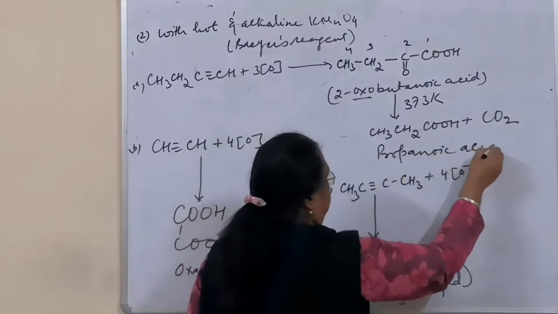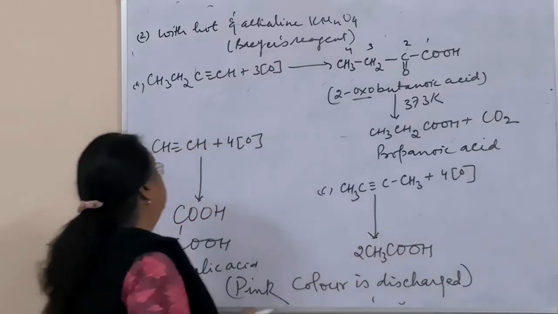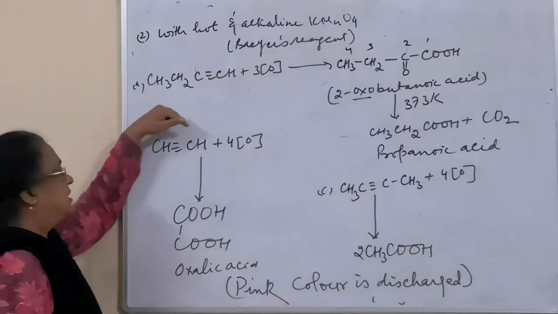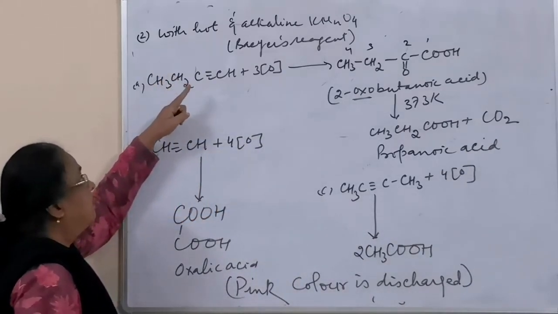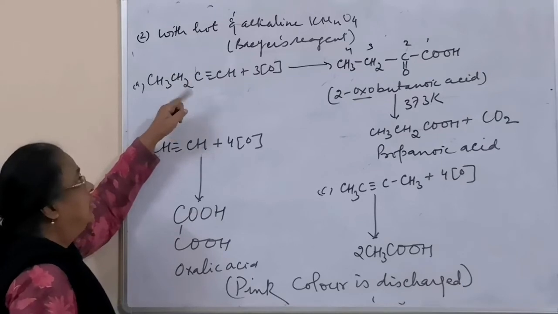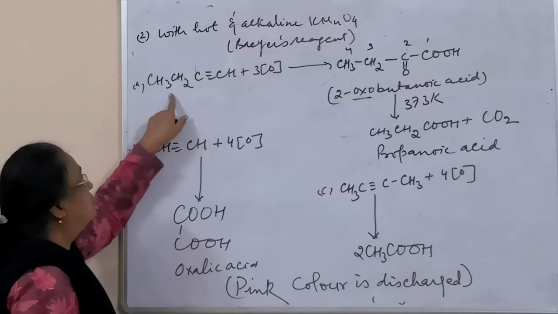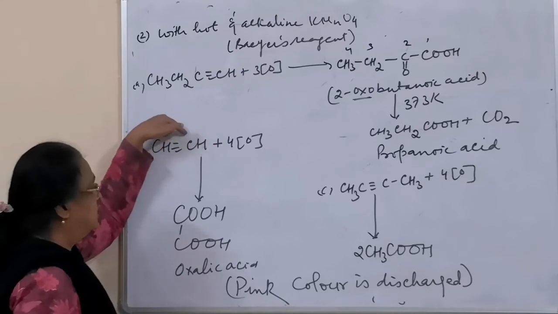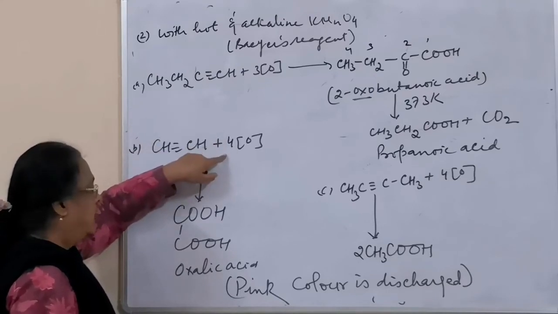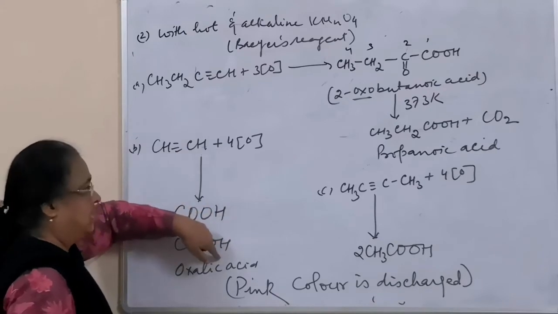Propanoic acid finally. Then the second reaction is when acetylene is treated with hot and alkaline permanganate. This was your higher alkyne, this is acetylene. When treated with this, we obtain oxalic acid.